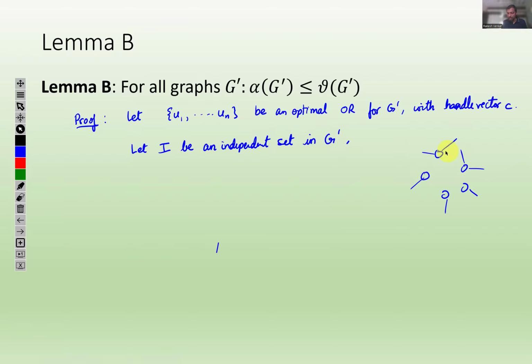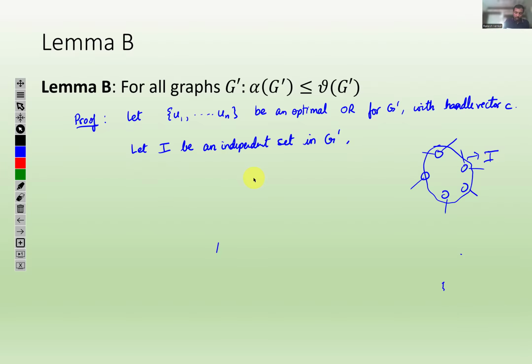So this is an independent set I. There are other vertices in the graph. Now, one nice property is that if you just restrict your attention to the vectors that the independent set vertices are being assigned, what do they look like? They will look like the standard basis. They're all mutually orthonormal.